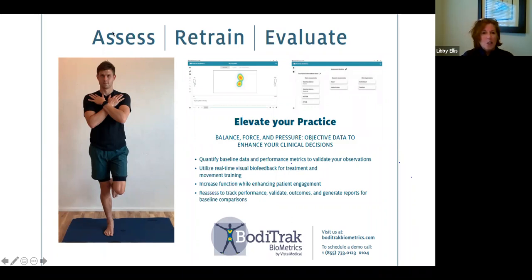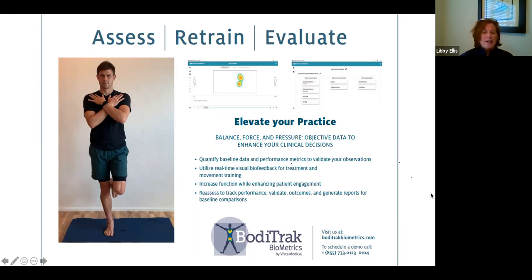What is their relationship with the ground? With our systems, you can do assessments on our mat, whether it's balance, single leg balance, squat, jump, anything you want to assess.